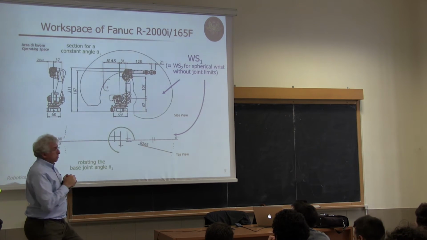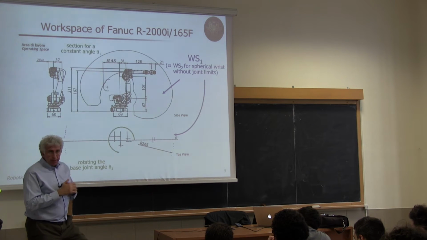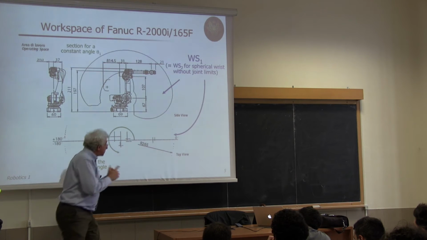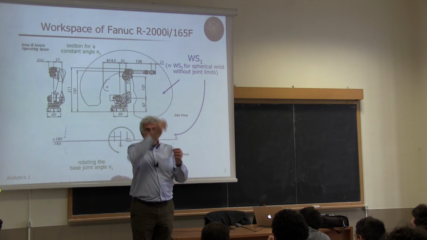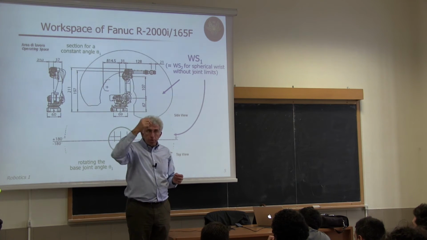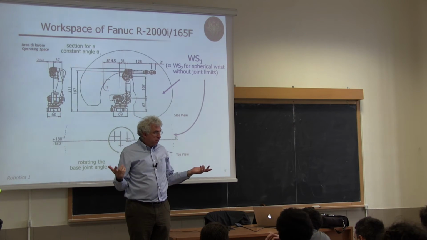Now, if you imagine that this spherical wrist has no limits for any of the three joints, then this primary workspace is also the secondary workspace. Because in every point that I can reach in position, I can assume any orientation using the last three joints.